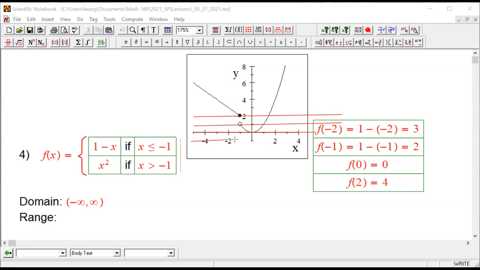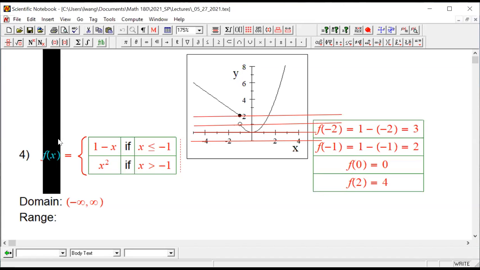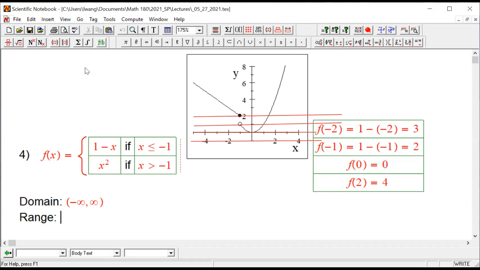Well, what is the range? 0 to infinity. Does it include 0? We had a 0, right?